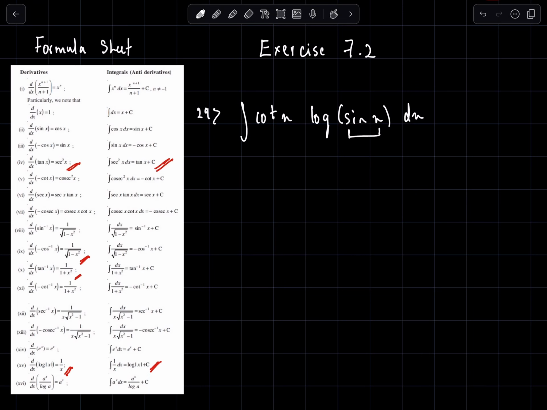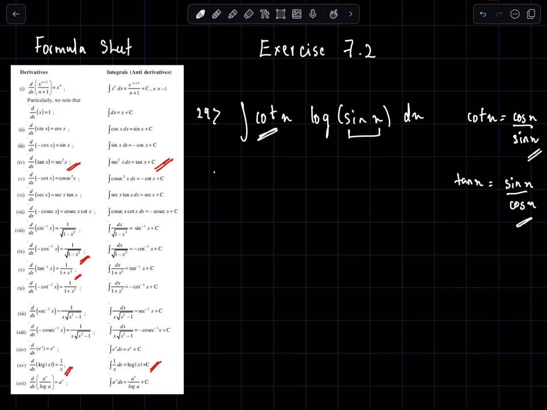Where am I going to get cos x? From cot. Remember, cot x is equal to cos x over sine x. The same thing for tan. Tan x, which is the inverse, is sine x over cos x. You need to know these two. These are very important identities.